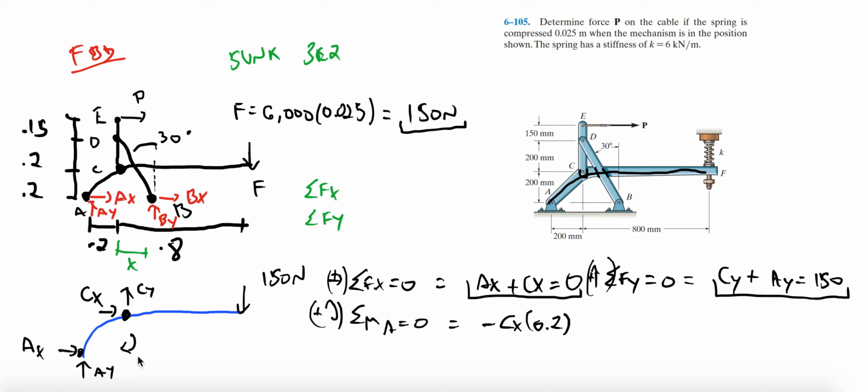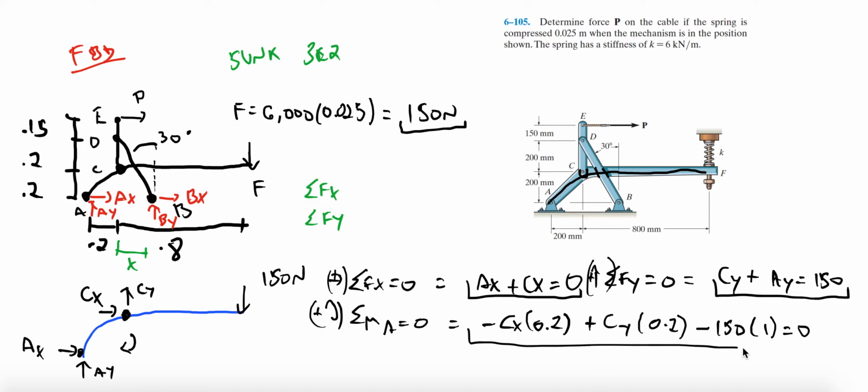And then Cy is going to try to rotate the mechanism counterclockwise, so positive Cy times also 0.2. And then obviously 150 is going to want to rotate us clockwise, so negative 150 times the distance of 1 equals 0. Okay, so we have 4 unknowns, 3 equations, definitely not enough to solve anything. So let's just jump to another link and see what happens from there.